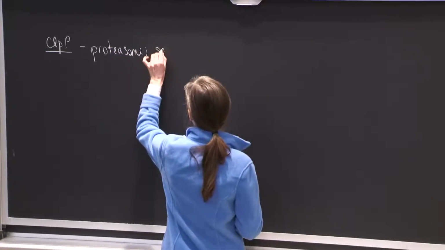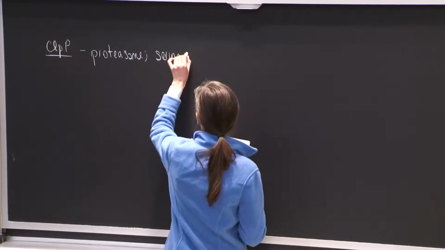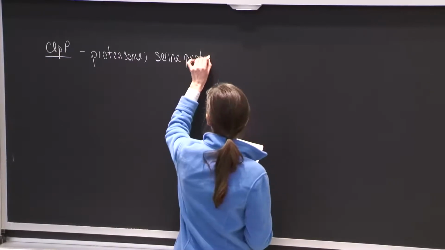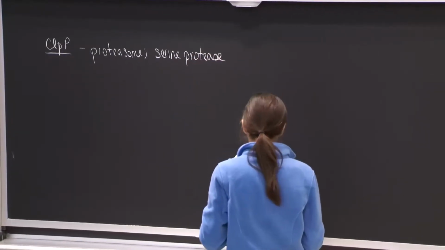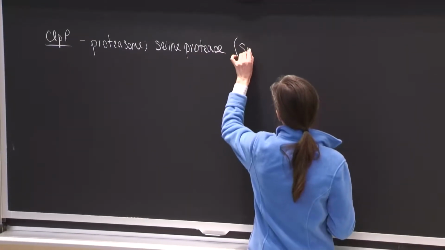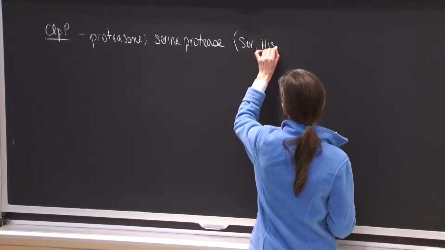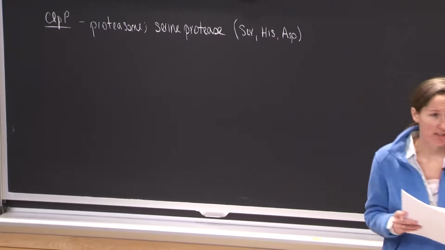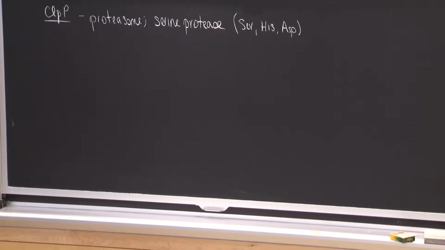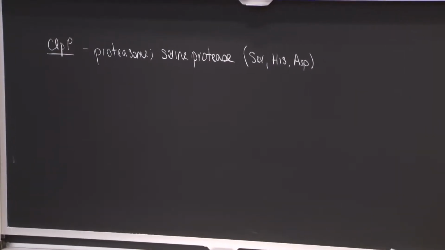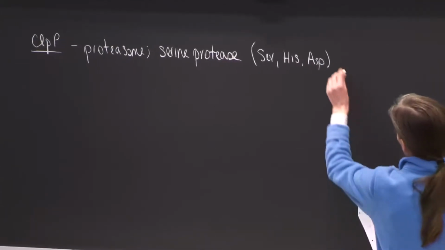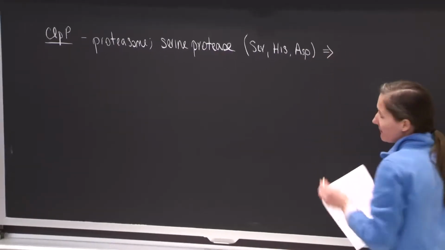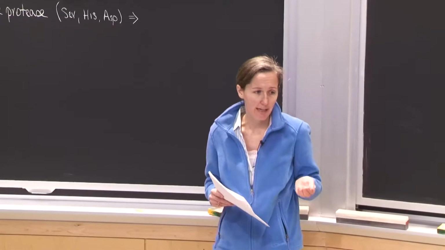Okay, and it's a serine protease. So we talked about serine proteases last time. There's the catalytic triad of serine, histidine, and aspartate. So there's formation of a covalent acyl enzyme intermediate. We learned that the serine residue is the active site nucleophile. And what we're going to see is that this degradation chamber has 14 active sites.